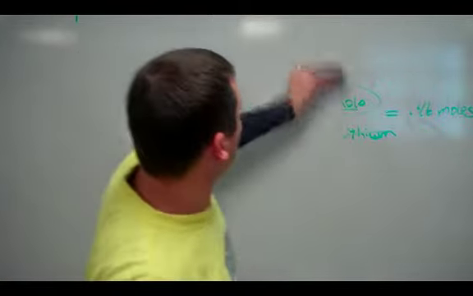Okay, so let's move on to number 2 on that problem. We want to know how many grams are in 2.4 moles of sulfur. Okay, well, we're looking for grams. We're given moles, so let's start there. We got 2.4 moles of sulfur.